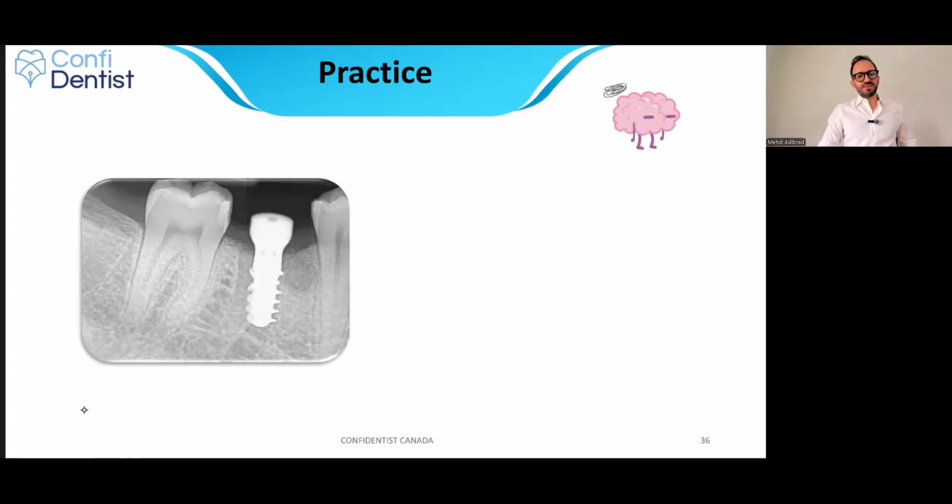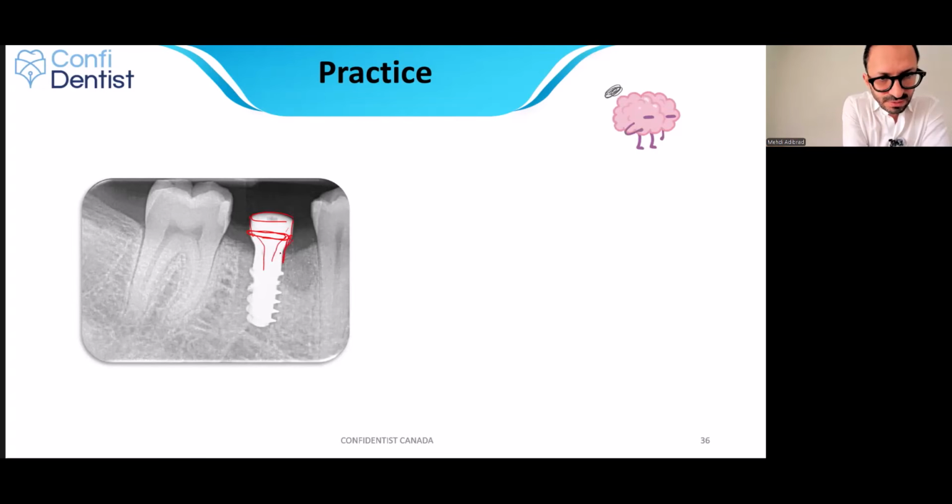What is this implant? What components do you see? Yes, I should first detect the prosthetic abutment. This is my prosthetic abutment. What I have on the top is a healing abutment.